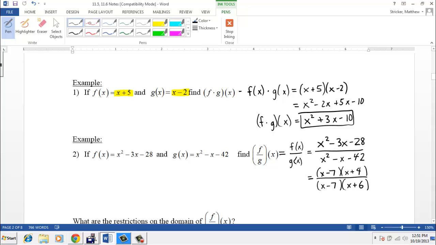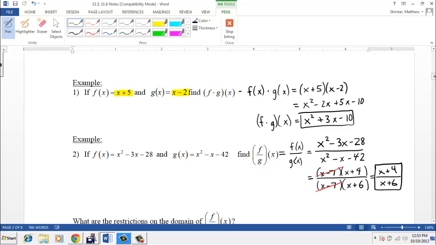Can we do any simplifying there? Well, you should answer, yeah, the x minus 7's cancel. And what we're left with is x plus 4 over x plus 6. That's f over g of x.